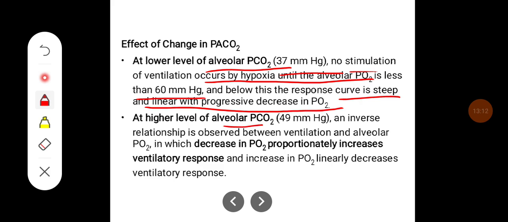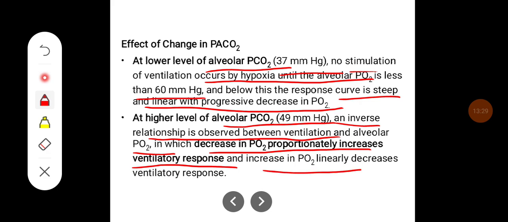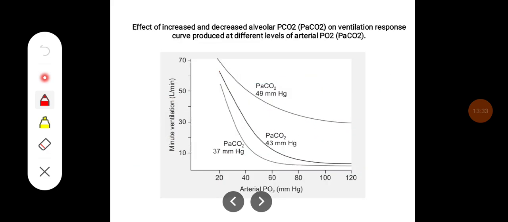At higher levels of alveolar PCO2, that is up to 49 mmHg, an inverse relationship is observed between ventilation and alveolar PO2, in which decrease in PO2 proportionately increases the ventilatory response, and increase in PO2 linearly decreases the ventilatory response. So this is the effect of decreased alveolar PO2 from 49 to 37 mmHg.